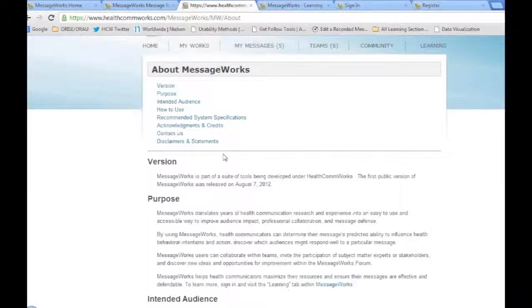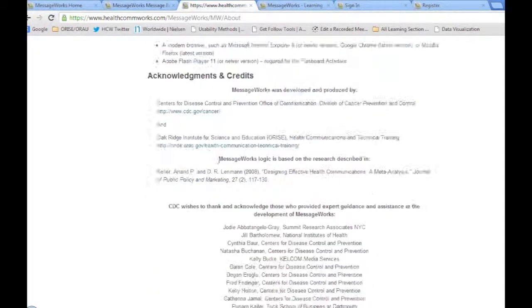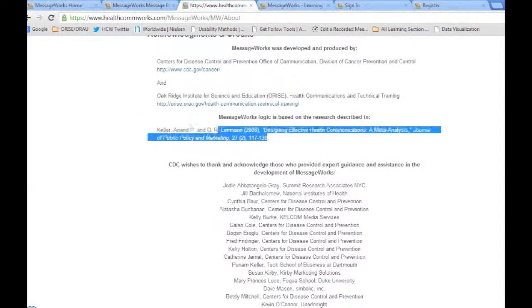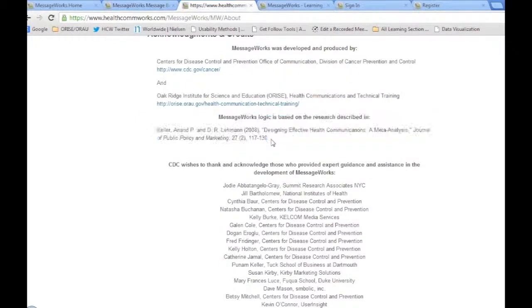there is an option actually to scroll down, and you'll see that we've included right here the link to the article, the meta-analysis article that Dr. Keller and Dr. Lehmann wrote in 2008, which serves as the basis for all the calculations and the recommendations that we make. So if you have a question from a team, where are these coming from?